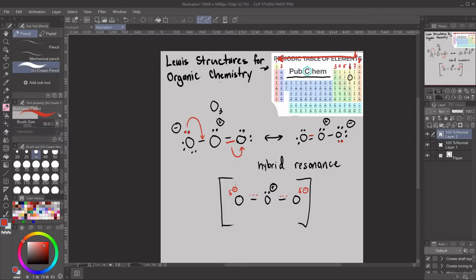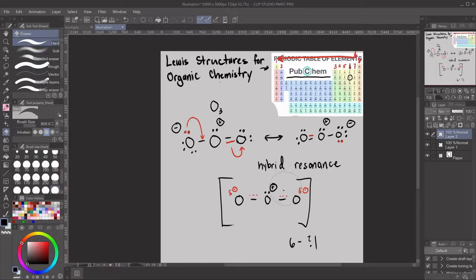The reason for that is if we try to do our formal charge equation, 6 minus, well, how many bonds do we have? We have at least 1, but then we have a partial bond right here. So in that way, we can't fully calculate the formal charge, but we can see that it's at least going to have some negative charge, and that's what that symbol means, partial negative charge.